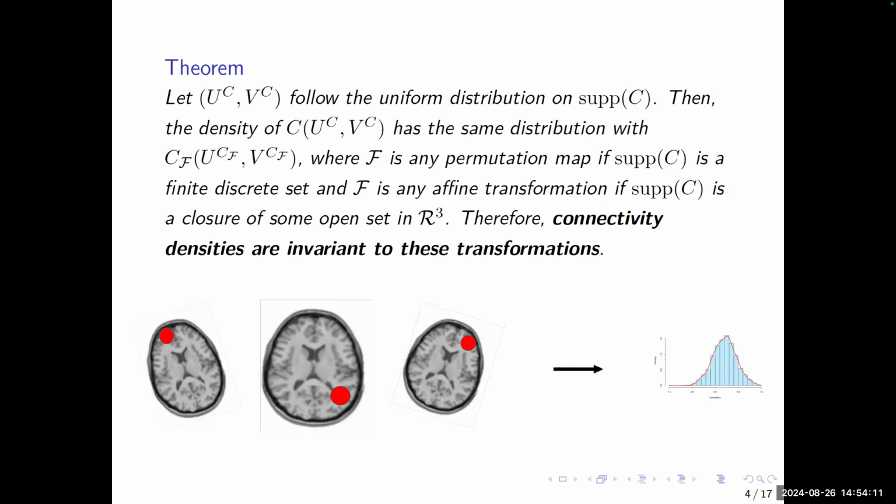In this case, we can skip the registration step and directly work in the individual space. Brian and his colleagues also have some recent work showing that if we work in individual space, we may gain more individual level information. If we register the brain into a standard space, we may lose some individual information.